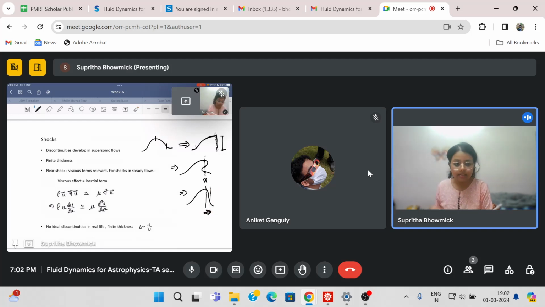These length scales are so small that the second derivative, the Laplacian of u, which is d2u dx2, is a very large quantity. So even though mu is small, at the shock d2u dx2 is so large that the term which accounts for viscous effects in the Navier-Stokes equation is quite large. So the viscous effect is no longer ignorable near the shock front.